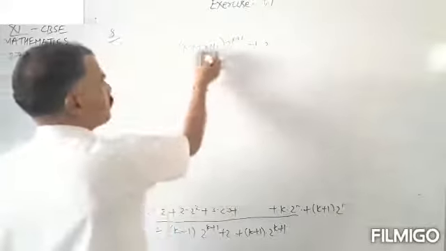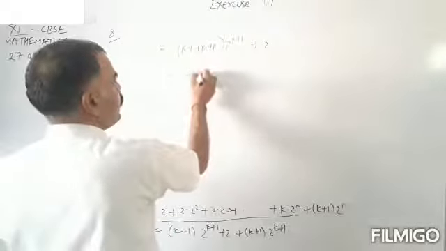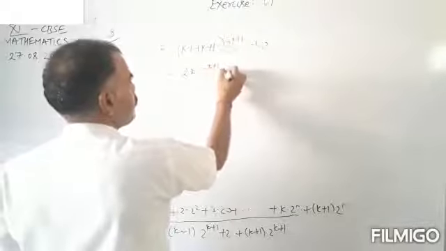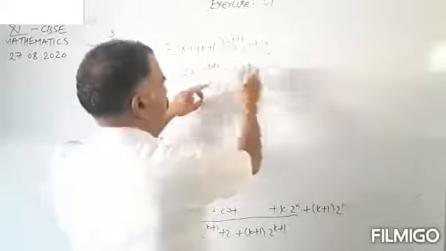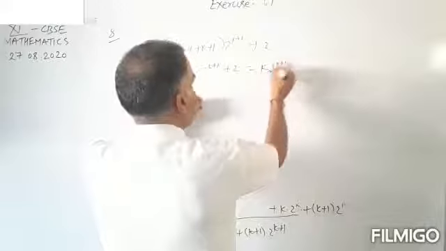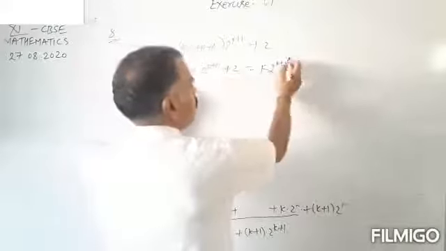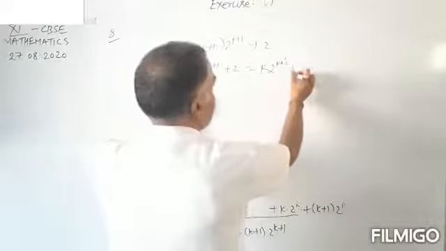So this is equal to, 1 will cancel 1, 2k into 2 to the power (k plus 1) plus 2, equals k into 2 to the power (k plus 1) plus 2.